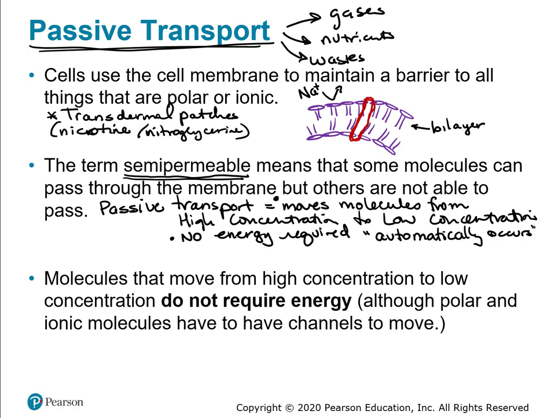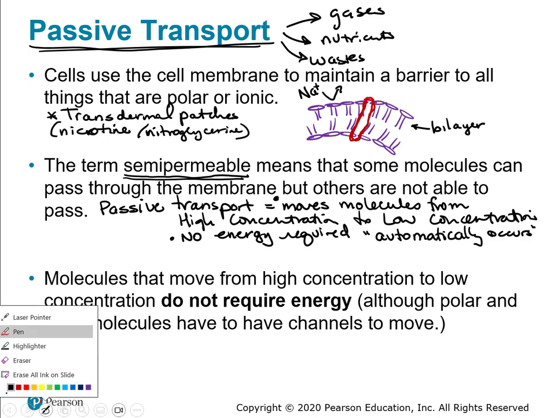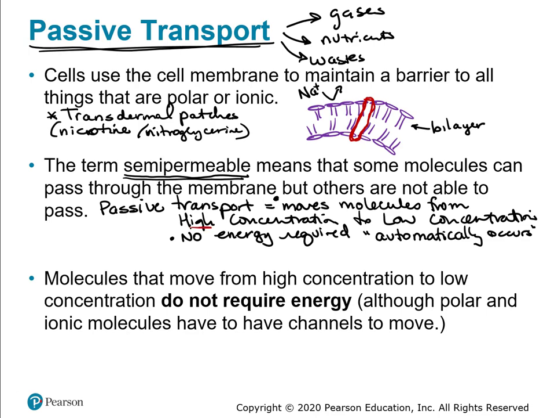The thing to remember about passive transport is that we're always talking about moving things from where there's a lot to where there's a little, and we're never going to require the cell to use energy to make it happen. It just happens on its own.